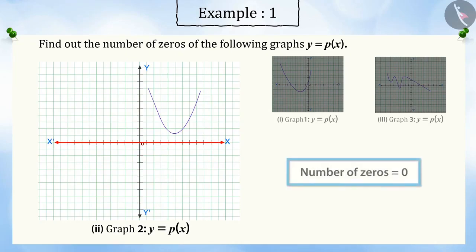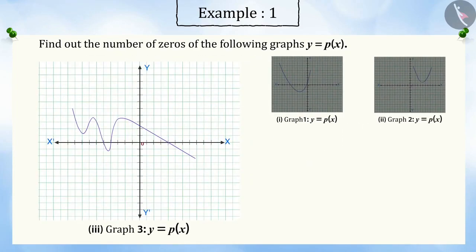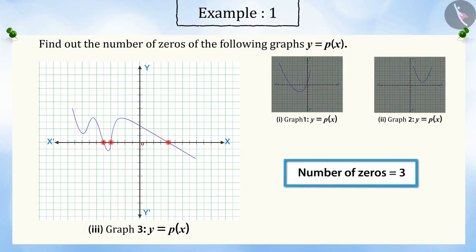Hence, the number of zeros in this case will be 0. In this third graph, you can see that it cuts the x-axis 3 times. Hence, the number of zeros will be 3 in this case.